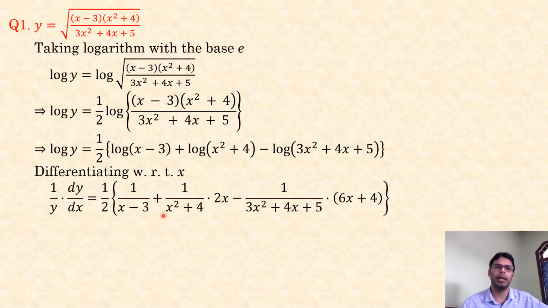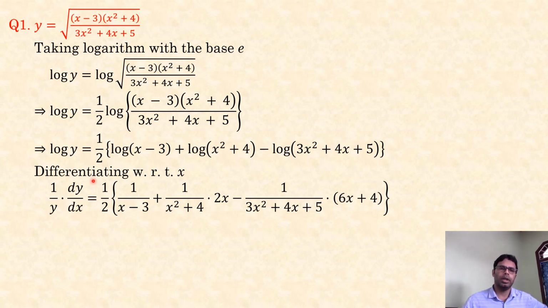Then plus this log differentiation is 1 by x square plus 4 into differentiation of x square plus 4 by chain rule, that is simply 2x, then minus log function differentiation is 1 by 3x square plus 4x plus 5 into differentiation by chain rule of this one, which will be 6x plus 4 only.